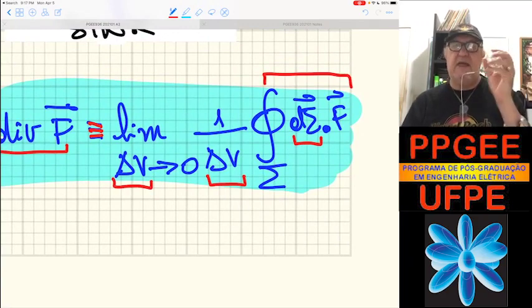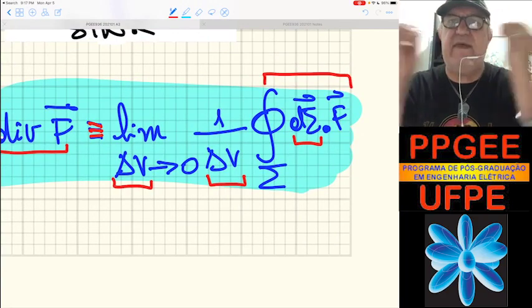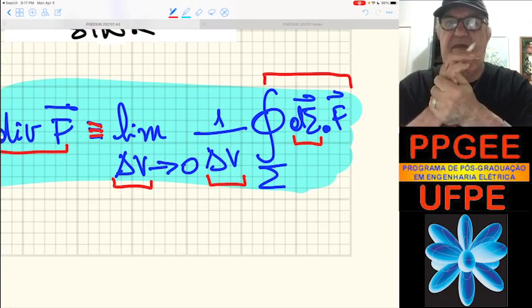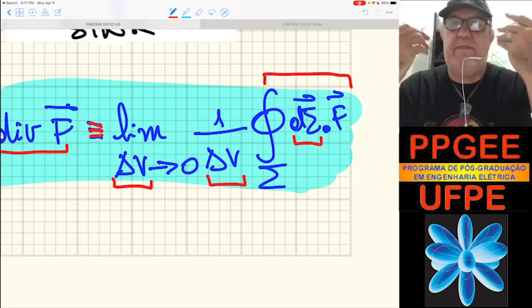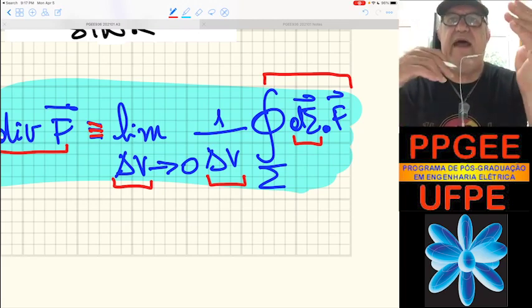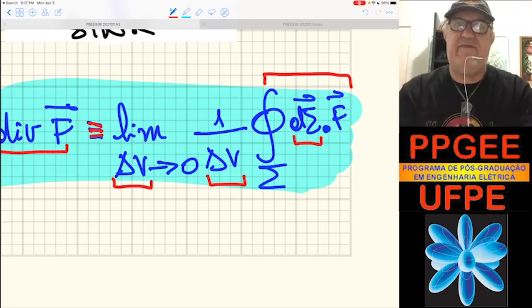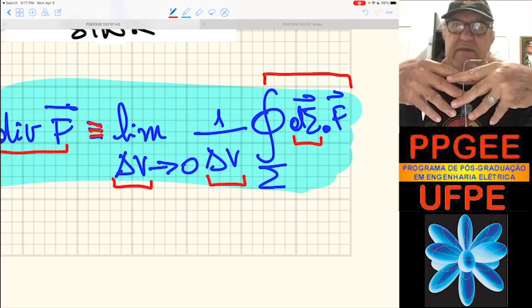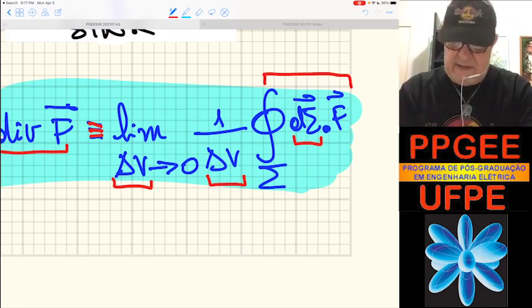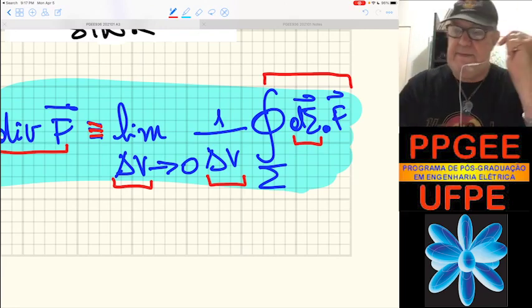You calculate the flux because you want to make sure that something is coming out. If you have a positive flux, it means that you have divergence, you have a source. If you have a negative flux, it means that the field lines are entering that region, so you have a negative divergence. That's the idea.